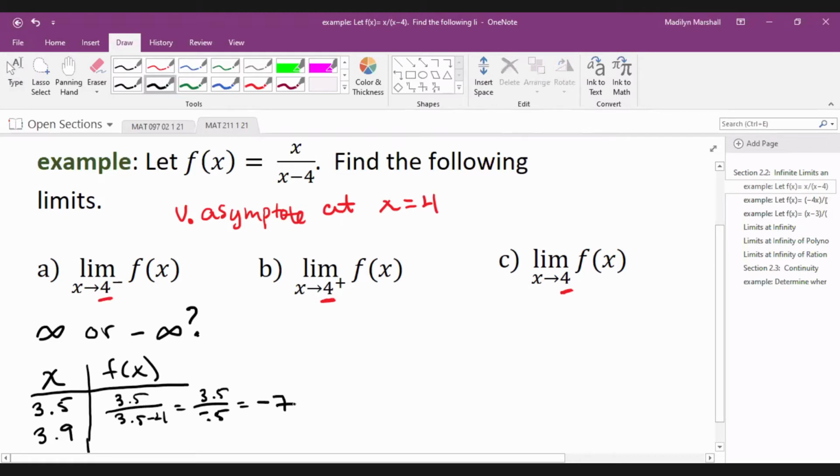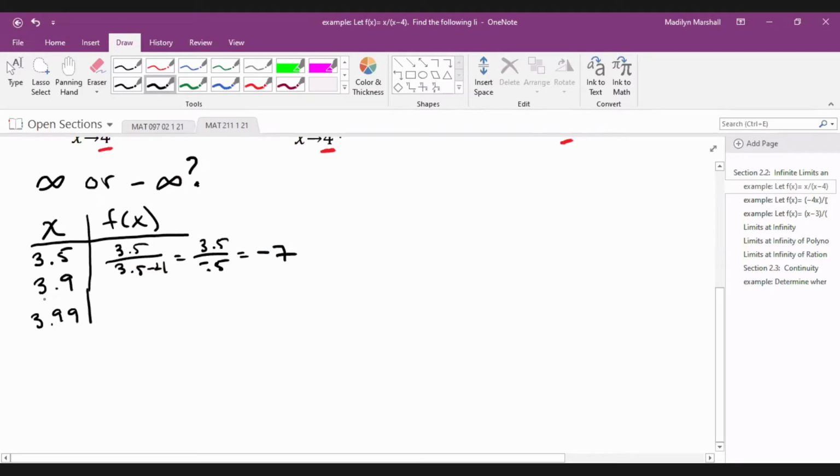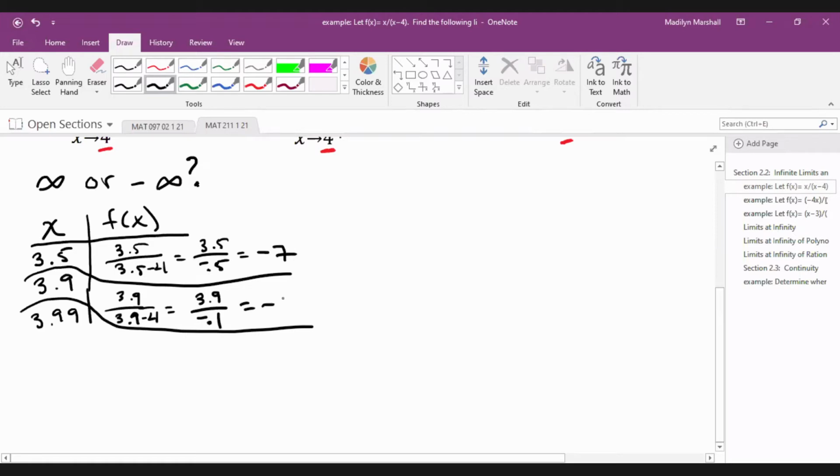If we try this for each of these values, 3.9 over 3.9 minus 4 will be 3.9 over negative 0.1, which will be negative 39. And if we plug in 3.99, we'll have 3.99 minus 4, which is 3.99 over negative 0.01, which will be negative 399.